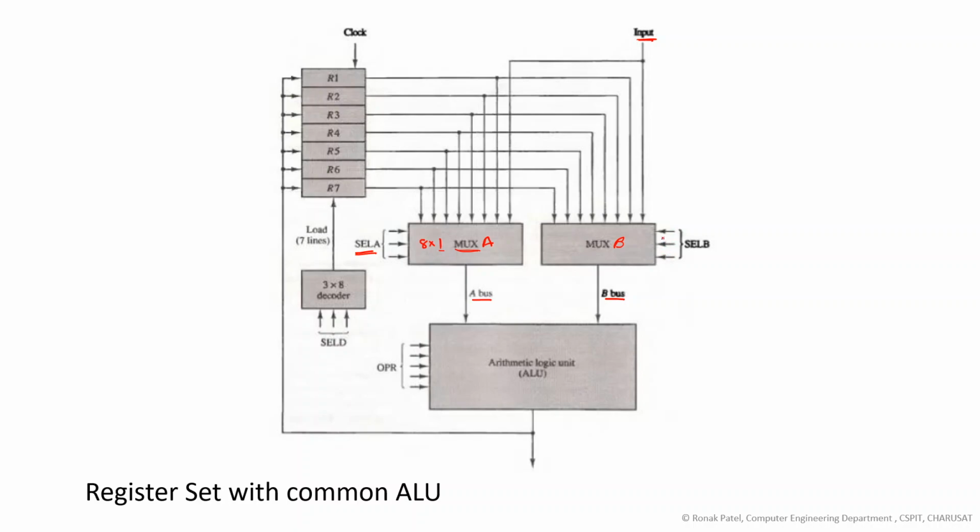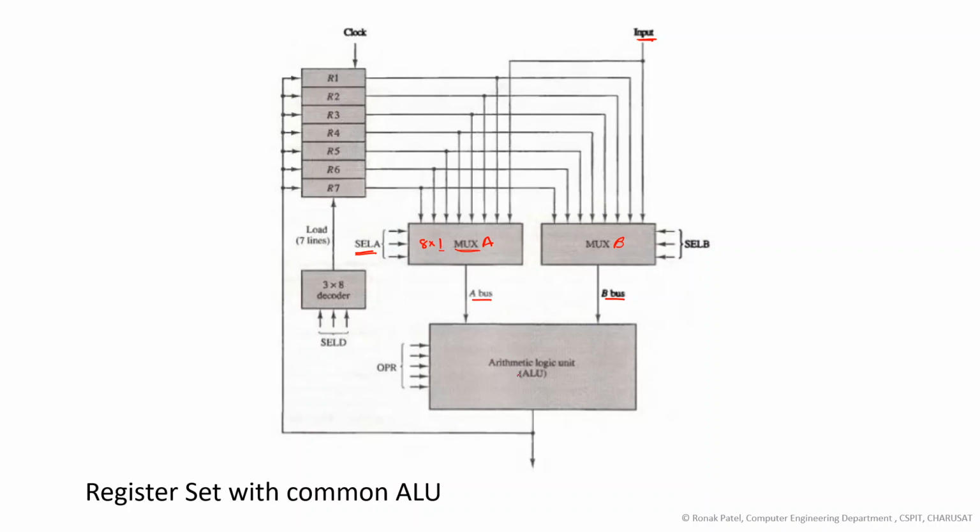Suppose now your data is in R5 and you want whatever value you have here to be passed to bus B. In that case, your select B for this mux must be 1, 0, 1, meaning 5. That value will be passed to the B bus. So now you have two operands, A and B, through bus A and bus B.